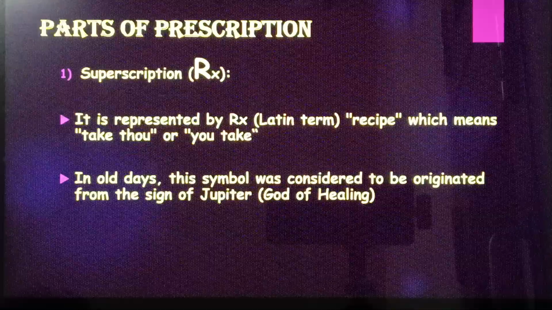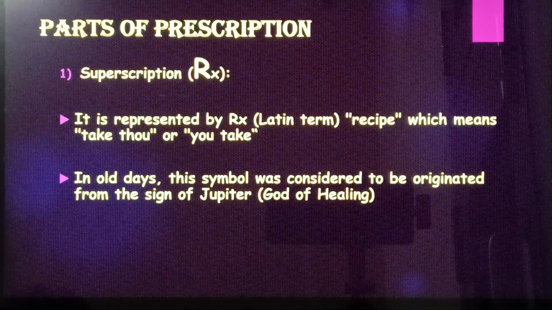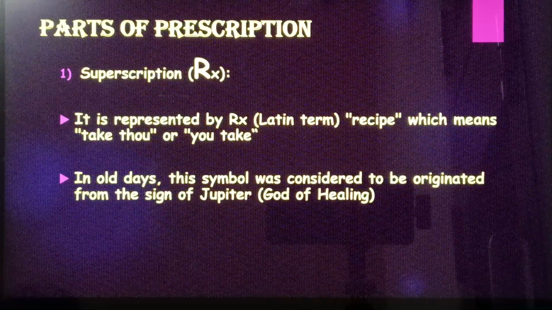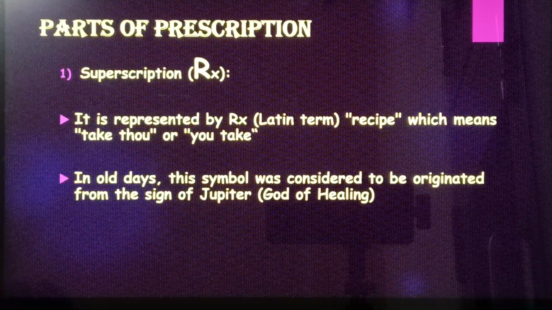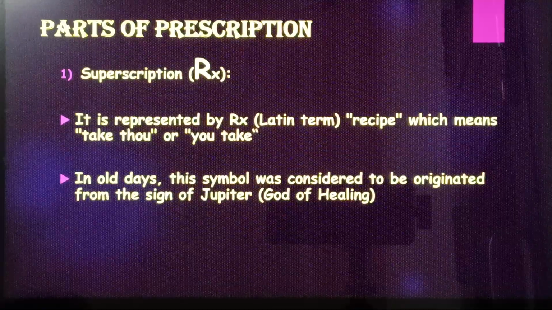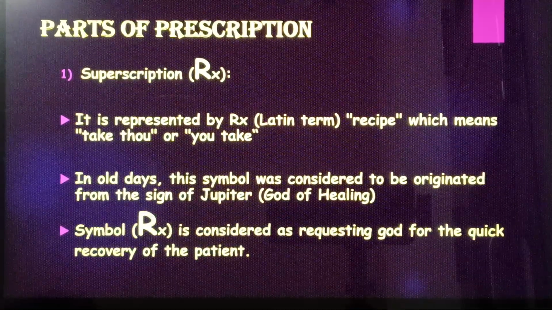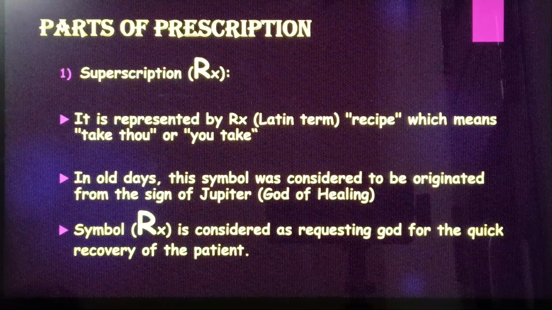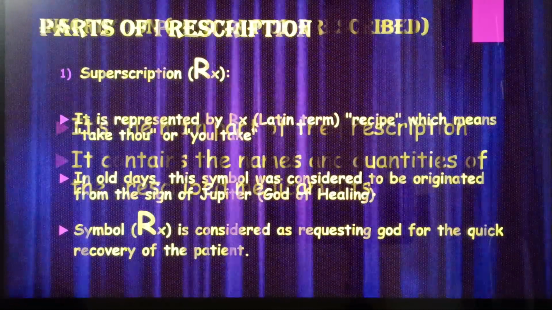In old days, this symbol was considered to be originated from the sign of Jupiter. Jupiter at that time was known as the god of healing. The symbol Rx is considered as requesting God for the quick recovery of the patient.